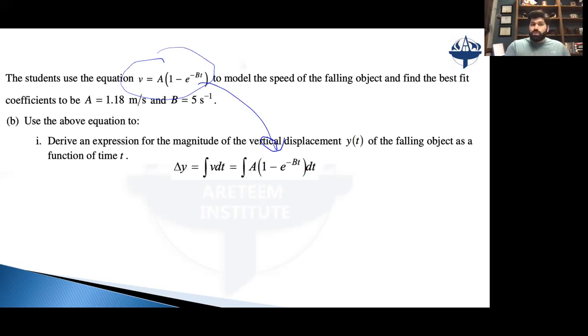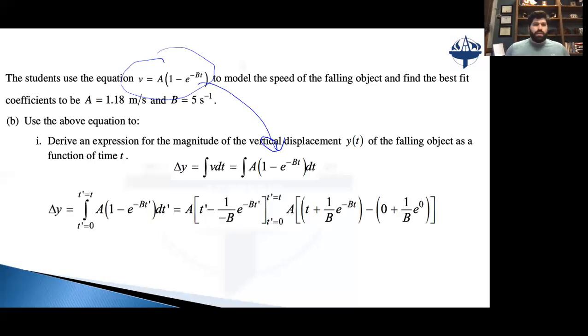Right now in this part, we just want to derive the expression. We don't need to plug in any numbers quite yet. We just need to get this expression set up. Once we have this set up, we can plug in the given information and evaluate this integral from 0 to t.